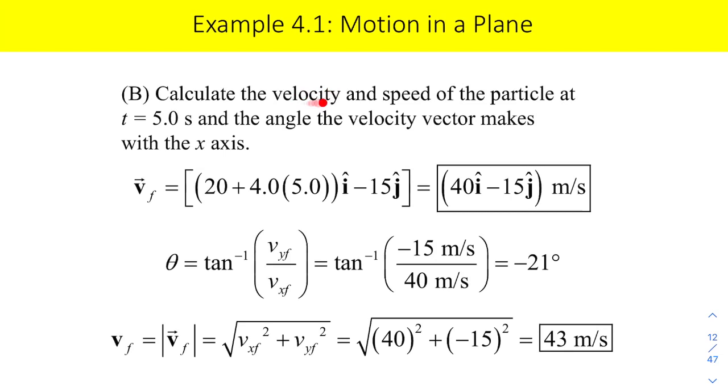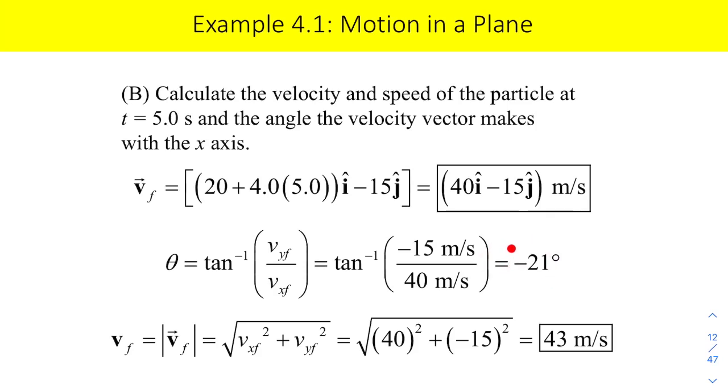Velocity consists of two pieces of information, magnitude and direction. So this is the direction, which is tan theta equals vy final over vx final. To get theta, take the inverse tangent of these, so substitute negative 15 as vy final and 40 as vx final. So finally you will get negative 21 degrees.